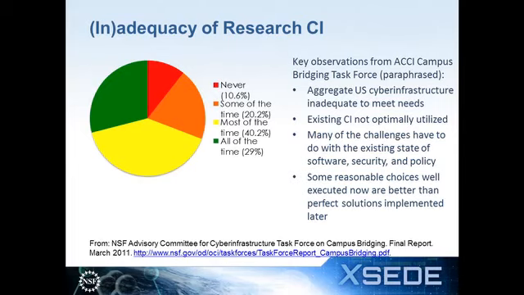So the task force report came up with a number of recommendations that state that the cyber infrastructure is not currently adequate. The analysis that researchers need to run requires more capability than what we currently have. But it's also not utilized as well as it could be.